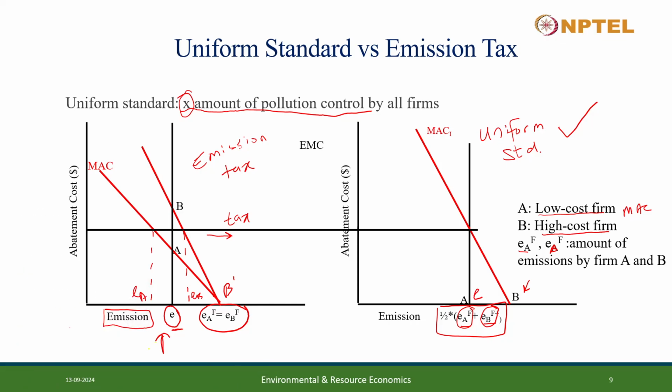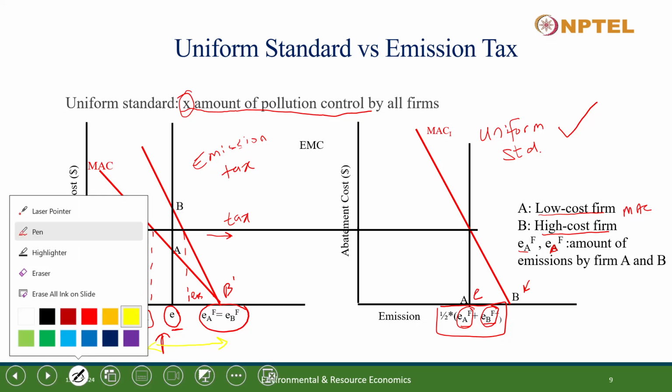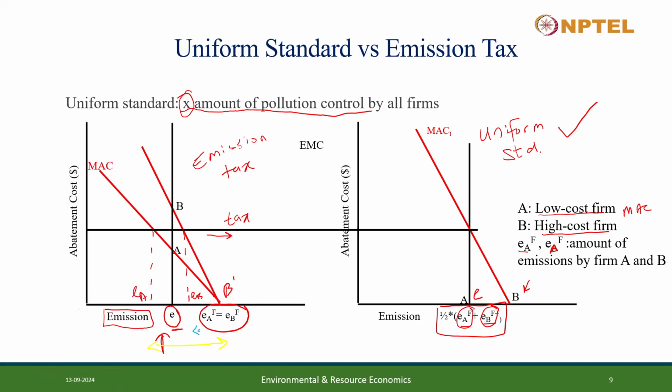The abatement is done till EA from here, and the abatement by firm B is done till EB. We can see that the marginal abatement cost MACA is lesser than MACB. So the emission abatement done by A is more than abatement done by B.